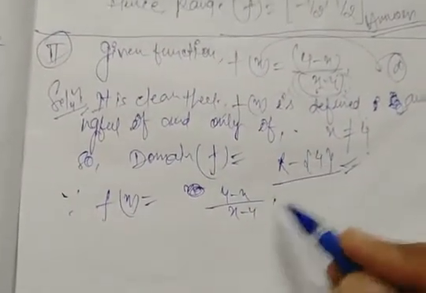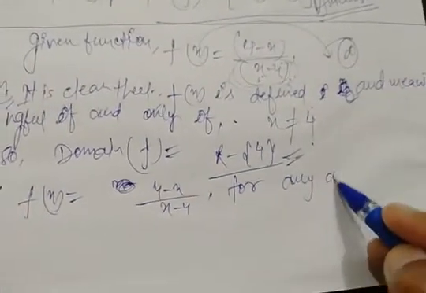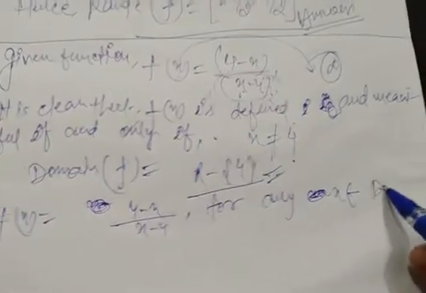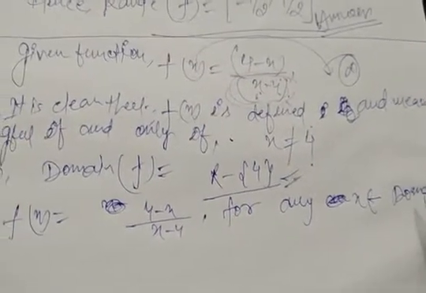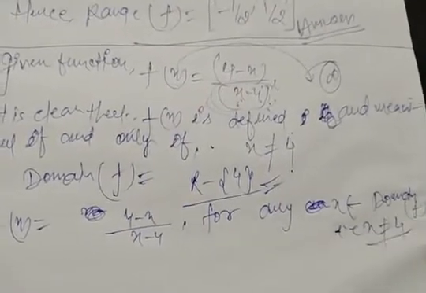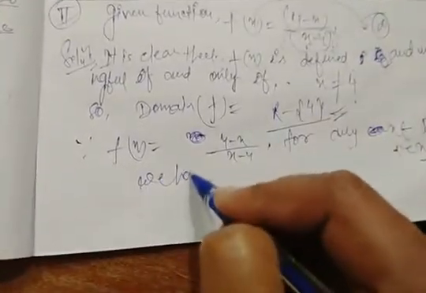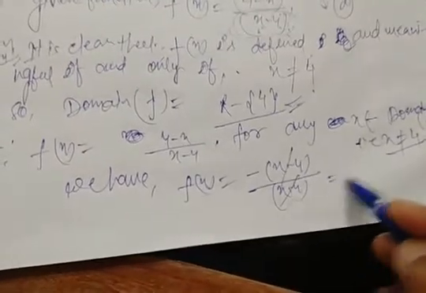Now for any x belonging to the domain of f, that is x not equal to 4, we have f of x equal to, minus is common, then we get x minus 4 upon x minus 4, cancel, that is minus 1.